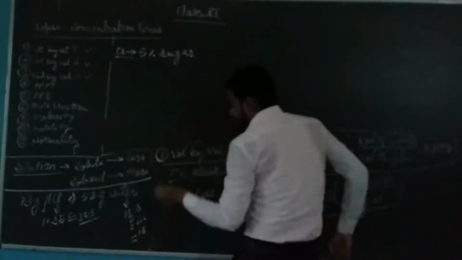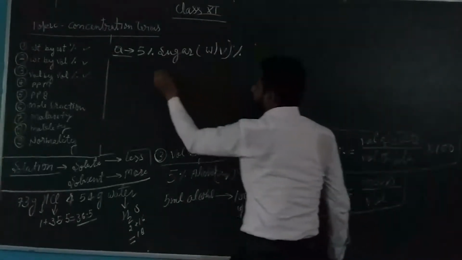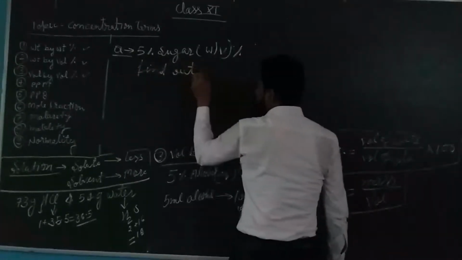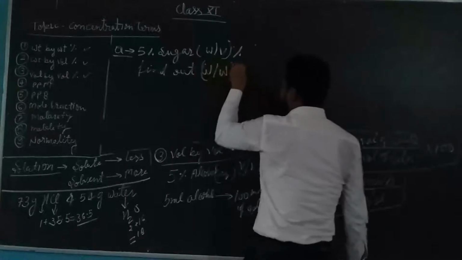By this question all your doubt will be clear. The question is: 5% sugar solution, weight by volume percent. Find out weight by weight percent.